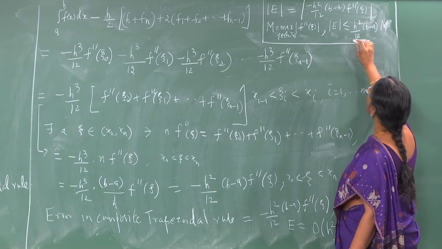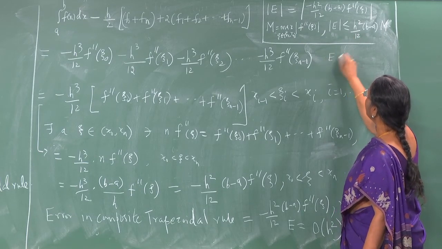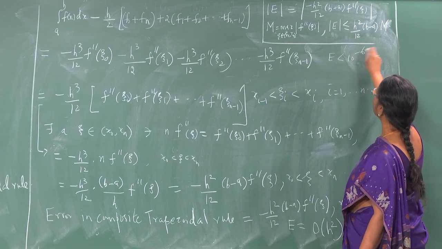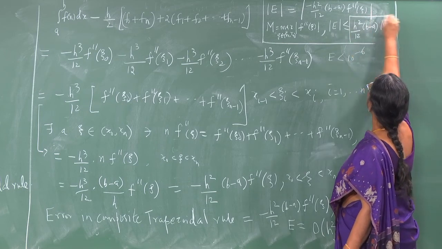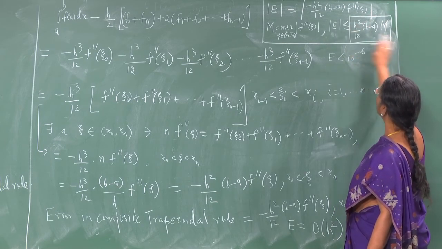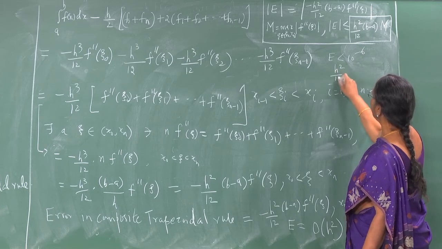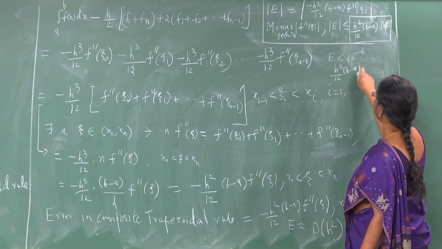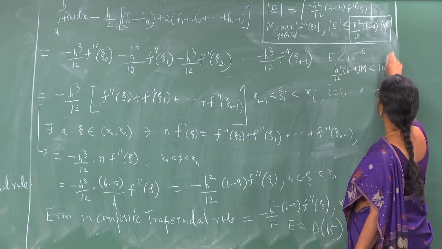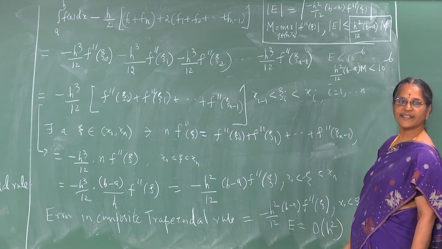Namely, if say I want my error to be less than 10 to the minus 6, then I must have my h to satisfy the condition that h square by 12 into b minus a into M to be less than 10 to the minus 6.